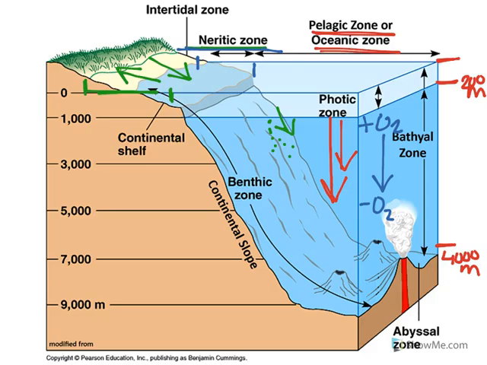Then we move on to the abyssal zone, which is 4,000 to 6,000 meters. There's absolutely no light here. There's very low oxygen and extremely high pressure, which is a huge challenge for organisms to cope with.